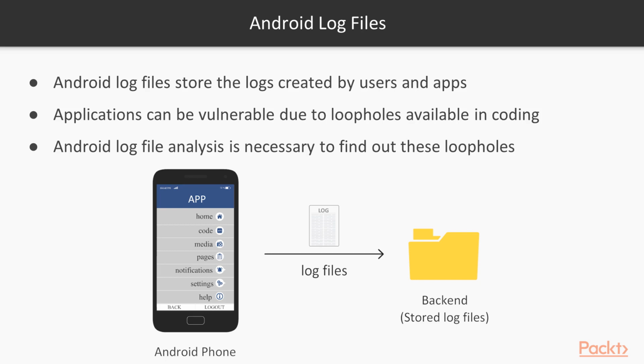So if there is any vulnerability inside the app, an attacker or pen tester will get some secret information in the backend. So it is also necessary inside Android pen testing that pen testers generally create some logs, then they analyze log files to get information about the Android app vulnerabilities. So this is useful for both attackers as well as pen testers. So that's why we as pen testers analyze Android log files.